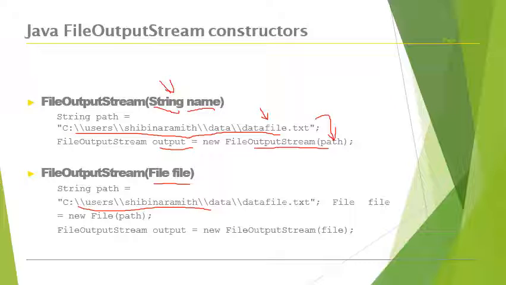Here we are passing the path as a string, but here we can pass the file entirely. We will discuss all of this in our program later. So these are our FileOutputStream constructors. Just remember this syntax only. We will discuss it later.